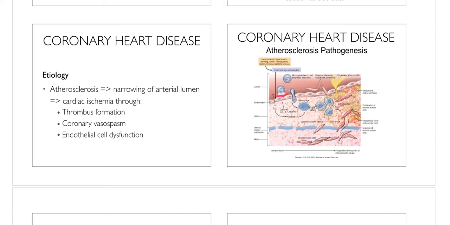Remember, the thrombus is the one that develops in a spot, whereas the emboli develops, breaks off, and travels downstream to occlude somewhere down there. The emboli travels, the thrombus doesn't. We can also have coronary vasospasm leading to coronary heart disease because a vasospastic artery can't produce a flow of blood.